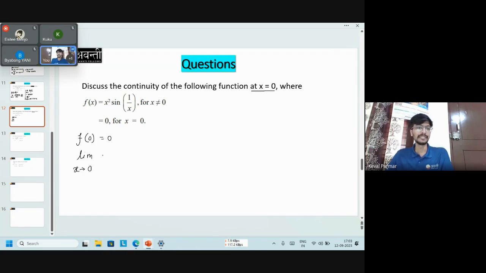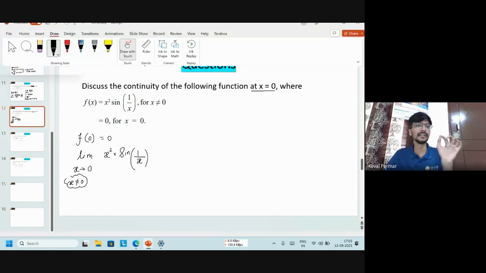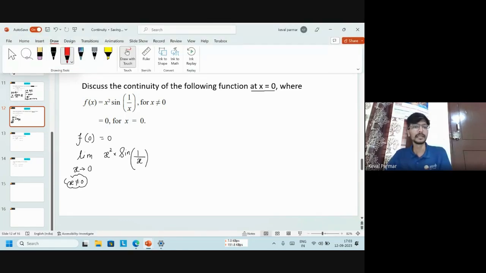So limit x tends to 0. What is limit x tends to 0? X tends to 0 means x is not equal to 0. Means which definition will we use? The first one, x square into sine 1 upon x. If you remember this question from limit, we have done, this is not an indeterminate form. Why?